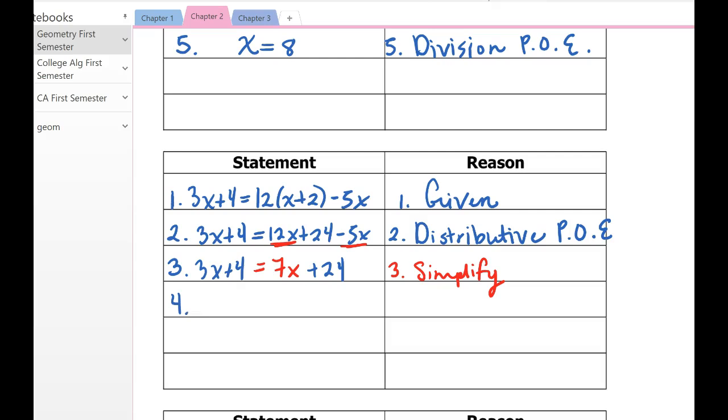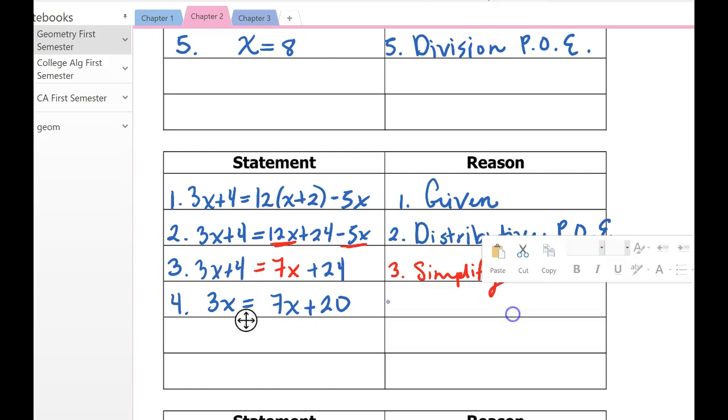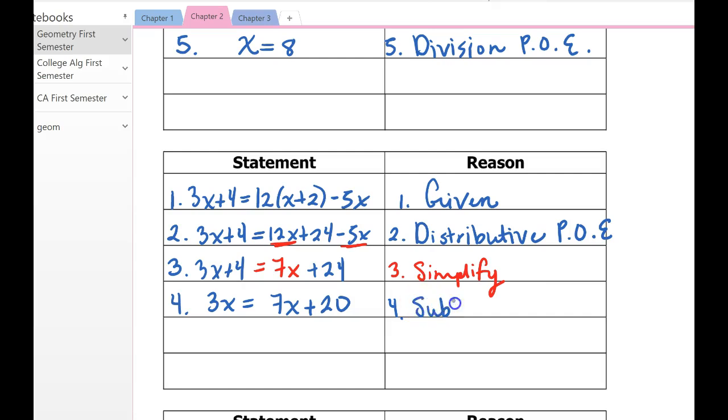So she would have 3x is equal to 7x plus 20. And then, Peyton, what allowed you to do that? Subtraction. Awesome. Subtraction property of equality. Because we're working in an equation.